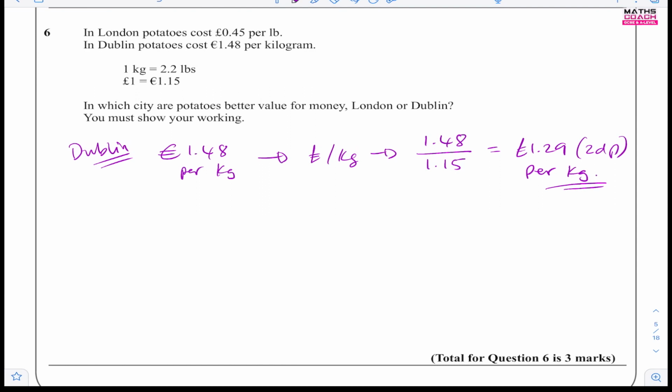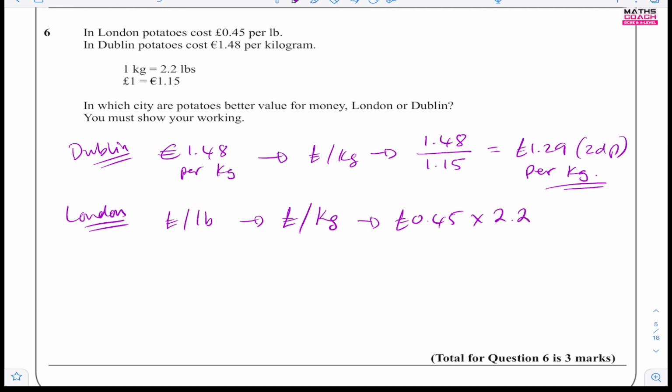Now, the London prices are given to you in pounds. So what we'll do for London prices is convert our pounds into kilos. So rather than having pounds per pound in weight, we're now going to have pound per kilo. How? We are going to do 0.45 times by 2.2.